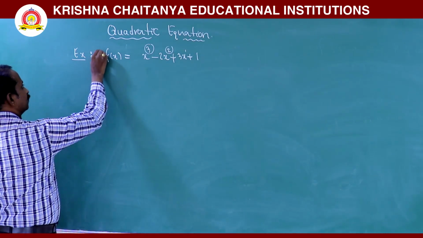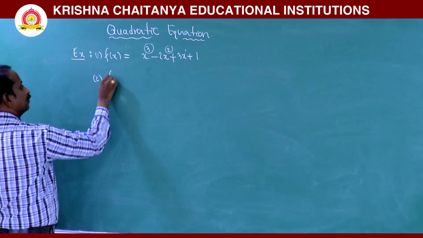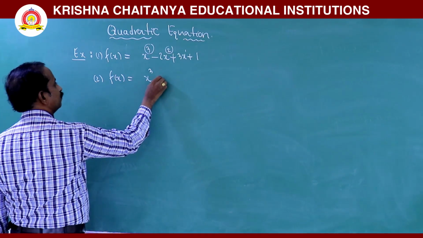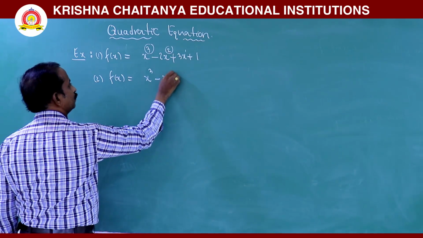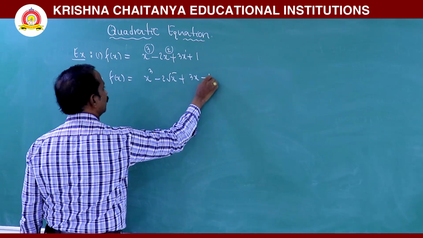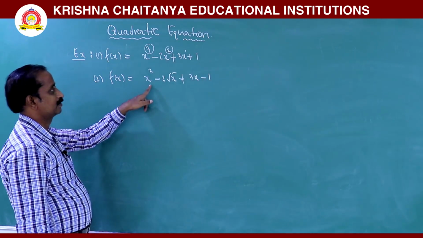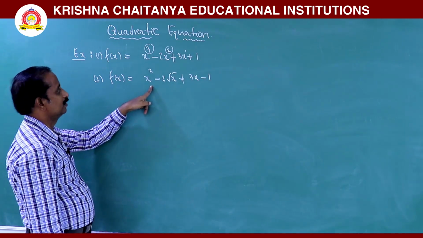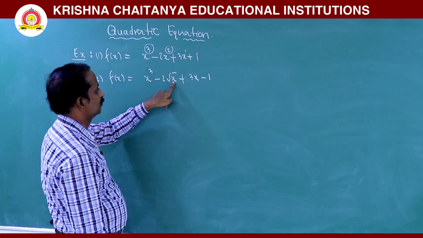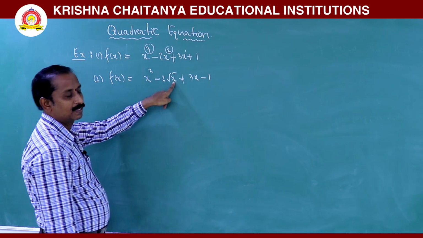If you consider one more example, f of x is equal to x cube minus 2 into root x plus 3x minus 1. It is not a polynomial. Reason: here x power 3, but here x power should be 1 by 2.